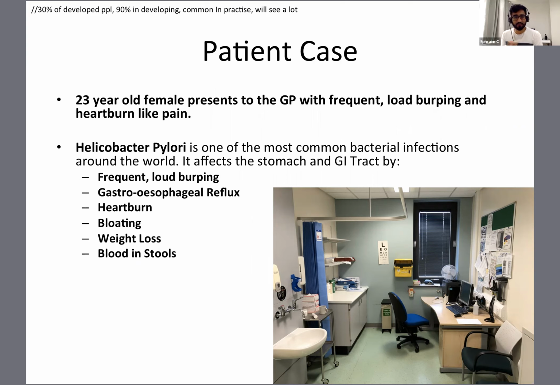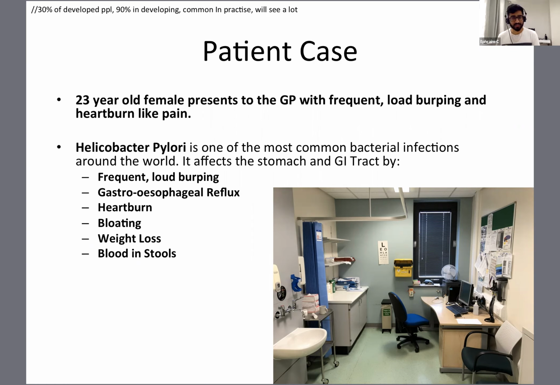And believe it or not, about 50% of the UK population already has H. pylori in their stomach. And for the majority of people, it doesn't cause problems, doesn't cause symptoms. But for certain people, it can cause very aggravated symptoms. And for example, this patient is one of them. So it's a very common bacterial infection, and you'll be used to its symptoms when you're a healthcare professional.